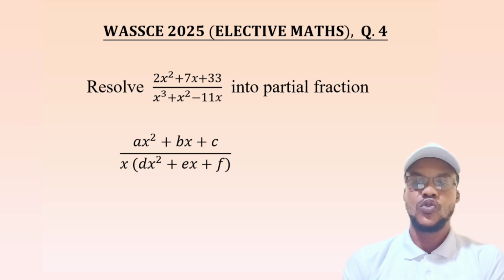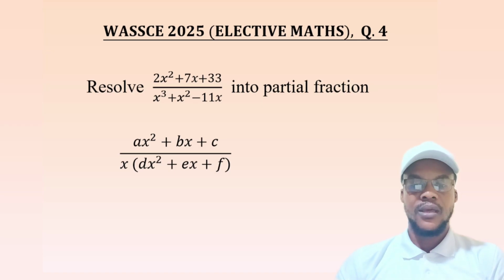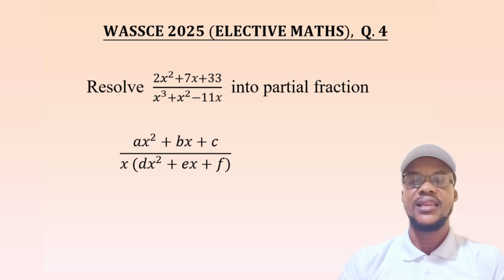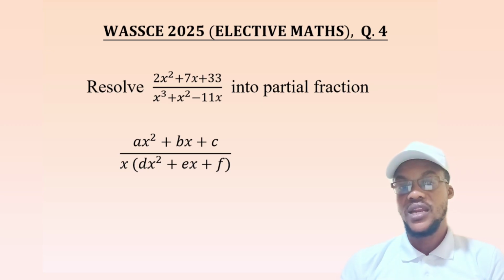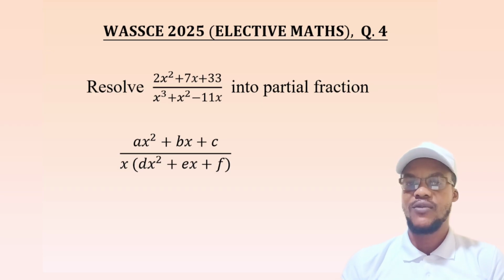But you should also note that there are times that you may be given a question where the denominator is a linear form. You may also be given a denominator with a repeated linear form, or a denominator that is a quadratic form. When you have these, we have various ways of solving such examples. In this case, our denominator is a cubic expression. So we need to factor x out so that we get one linear and one quadratic factor, as you have it here.